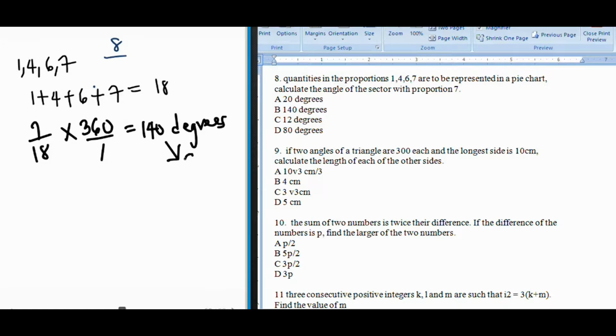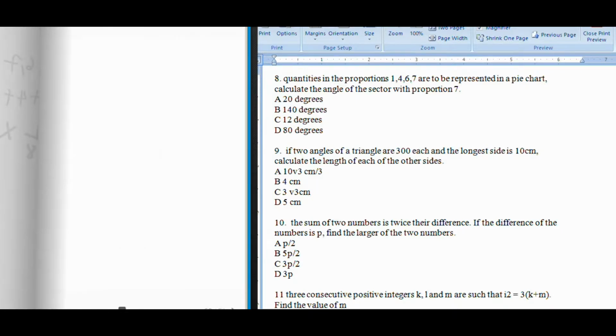The next question is: if two angles of a triangle are 30 degrees each, the longest side is 10 centimeters. Calculate the length of each of the other sides.